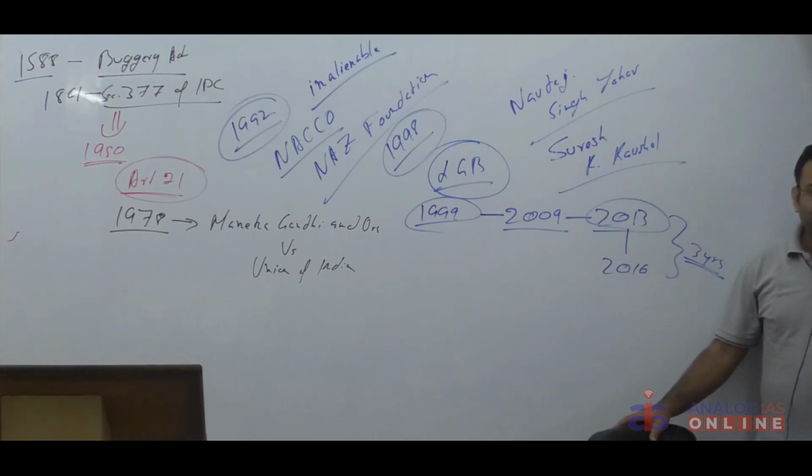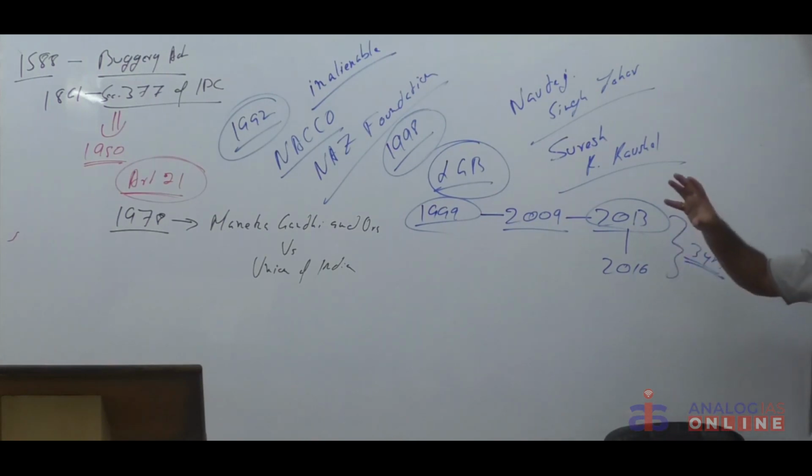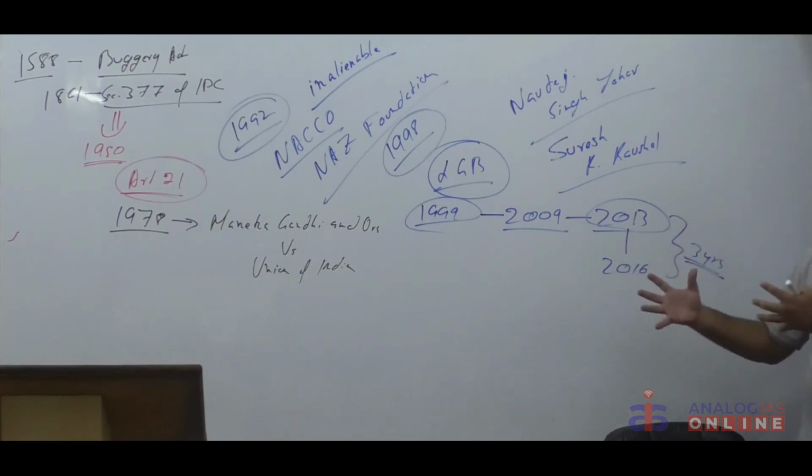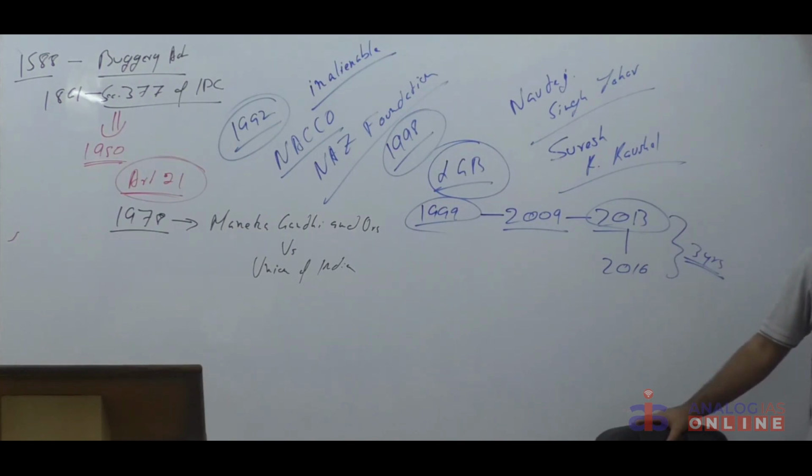Okay? Point number 2, again the same concern: homosexuality, how can that be a criminal offense? Because when two consenting adults, two people who are above 18 years of age, consent that, okay, fine, let's get into this relationship, and they do it in the privacy of their room, who am I, who are you, or who's the state to say anything there?